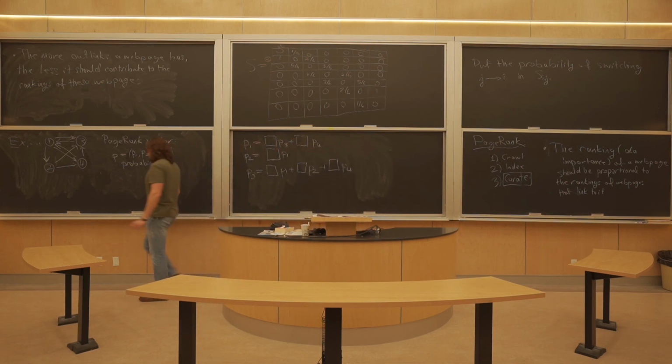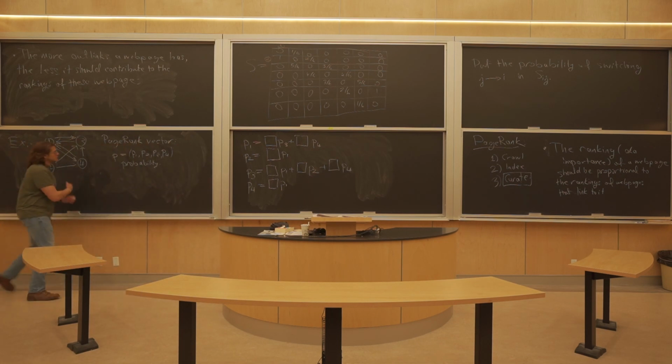And then finally, P4, so the page rank of 4, should be completely determined by the page rank of 1 again. Oh, yeah, also P2. Yeah, sorry. I missed it because there's also a link here. Thank you.